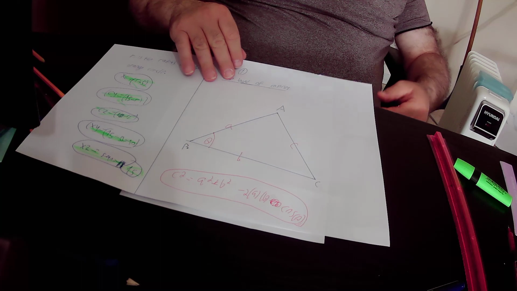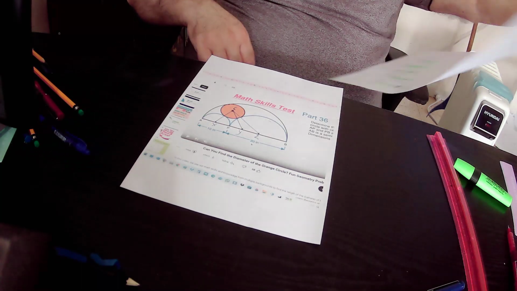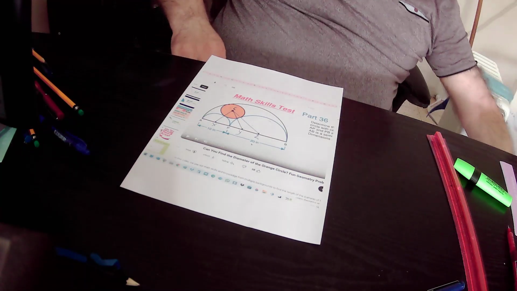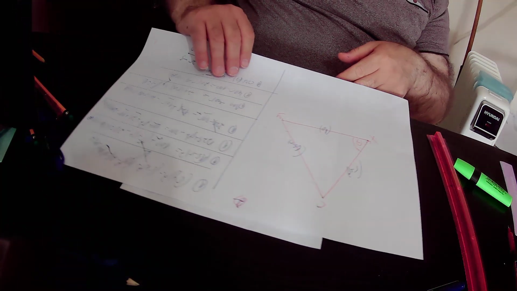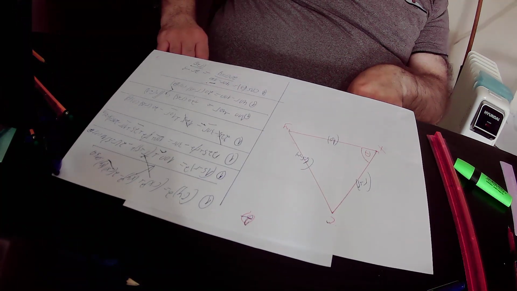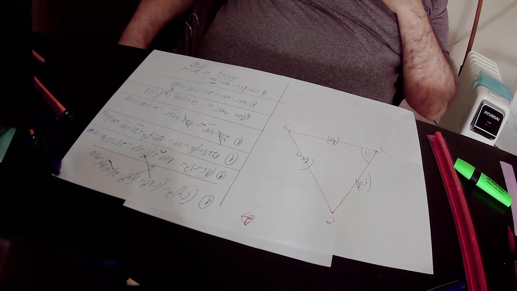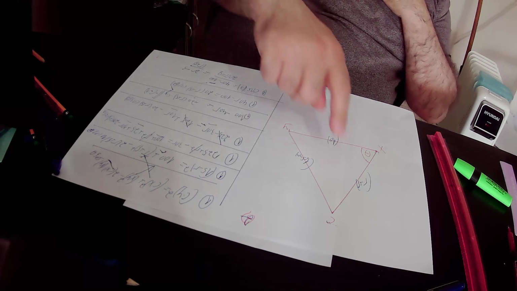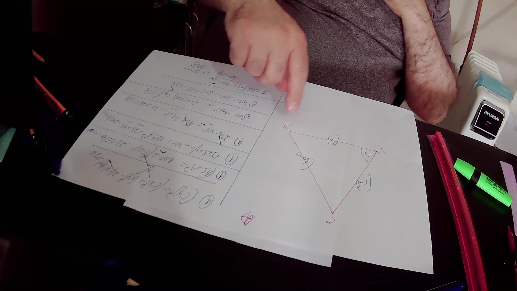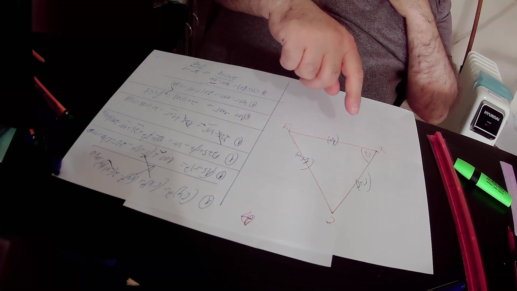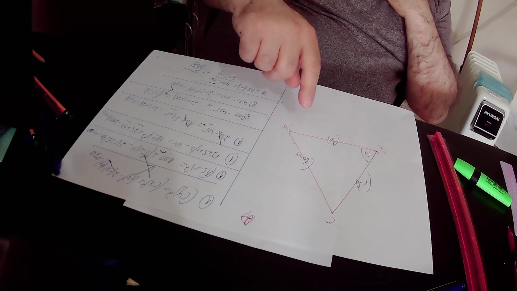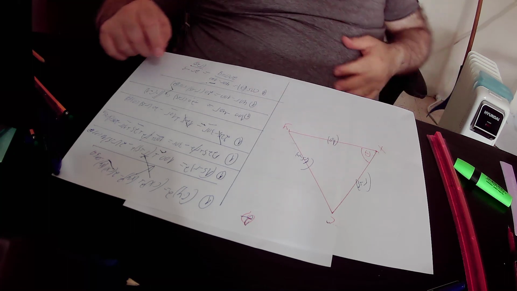So I copied triangle CXY in a new page, and we implemented the law of cosines in the triangle CXY. According to the law of cosines, CY square will be equal to CX square plus XY square minus 2 times CX times XY times cosine theta.